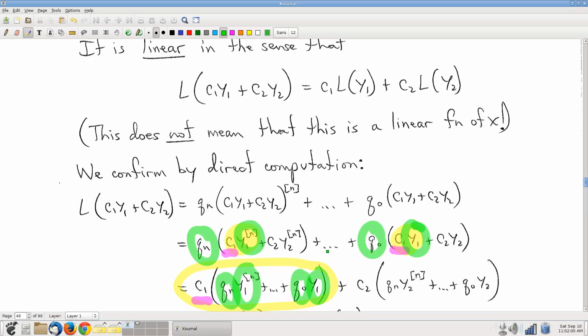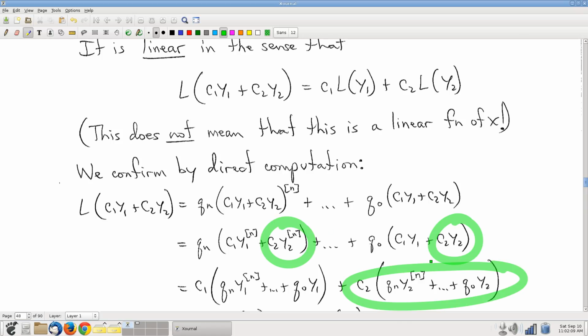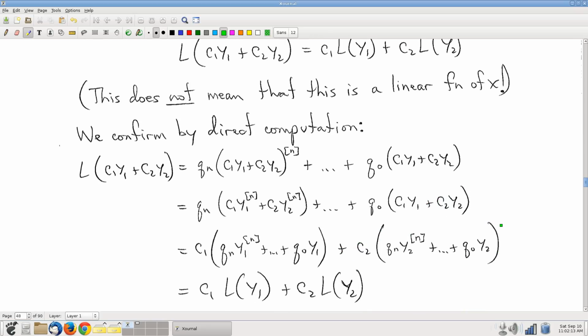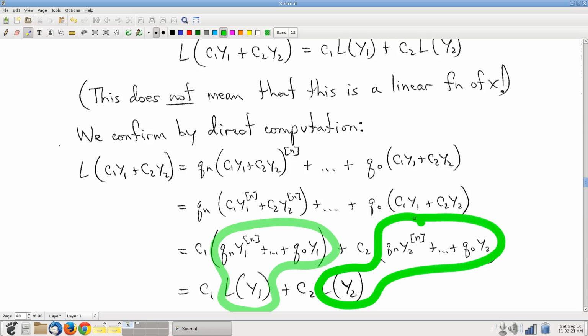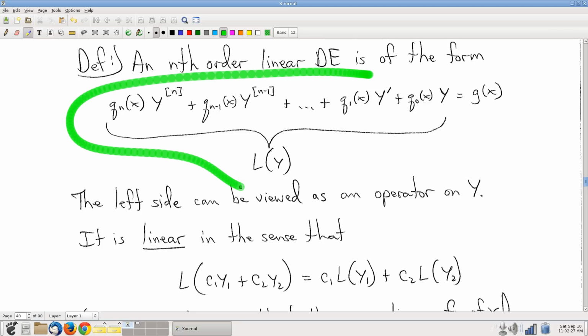So all I did there is collect terms, and then analogously, the y2 terms all collect like so. So all I did is move terms around there, and then I make the realization that in fact this is exactly L of y1, and this is exactly L of y2. And these are exactly this form up here applied to the functions y1 and y2.